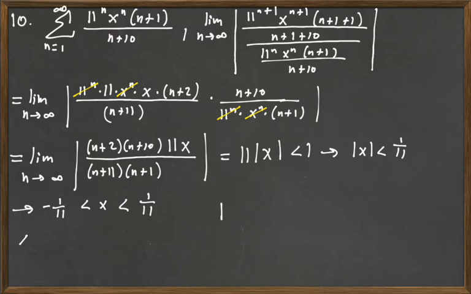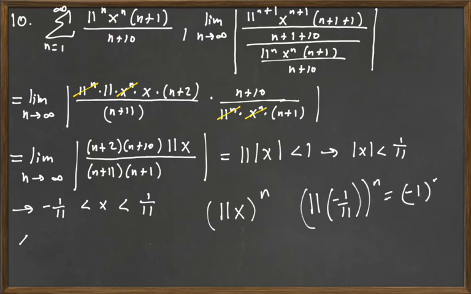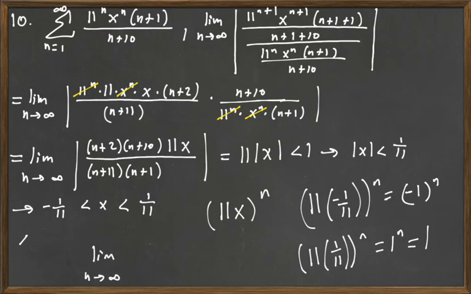Okay, now we essentially have 11x to the n, it's just separated. So we'll look at 11 times negative 1 over 11 to the n, and that's going to give us negative 1 to the n. Or 11 times 1 over 11, our other endpoint, to the n, will just give us 1 to the n, which is 1. Okay, now regardless of whether it is negative 1 to the n or just 1, when we look at the limit as n goes to infinity of n plus 1 over n plus 10, that is not going to be equal to 0.